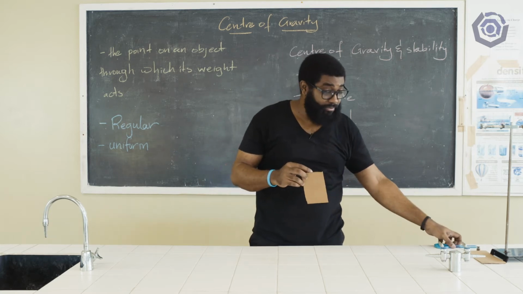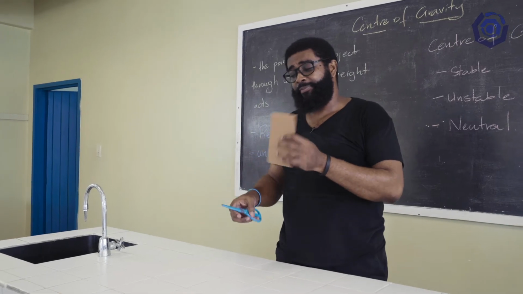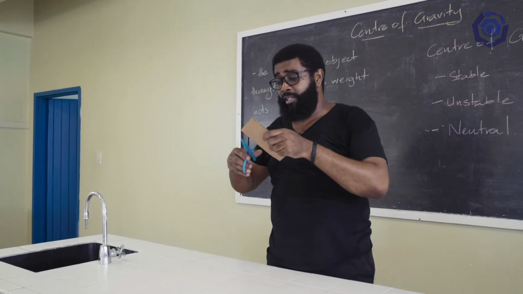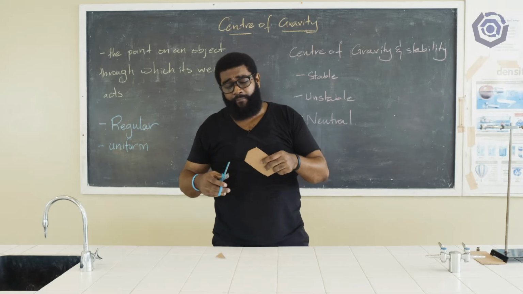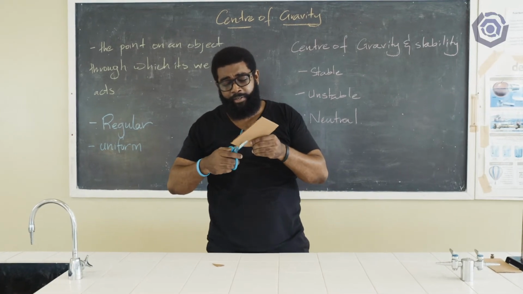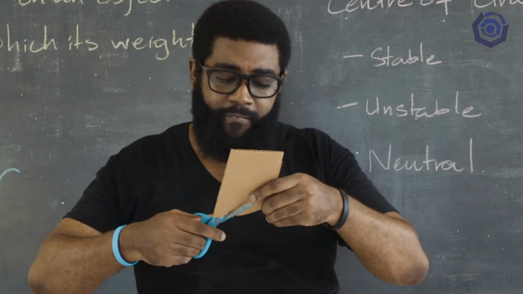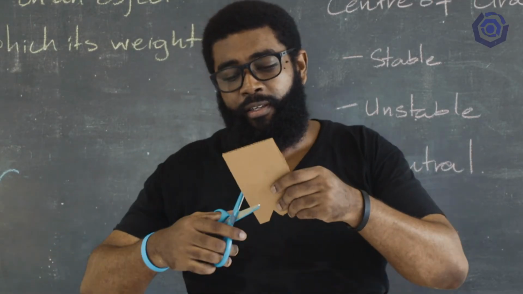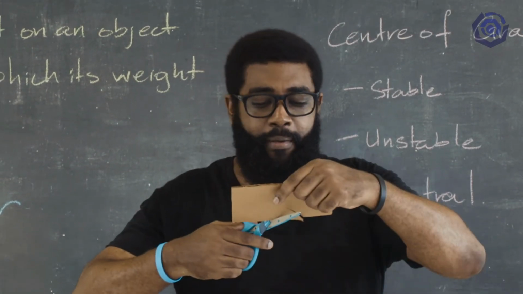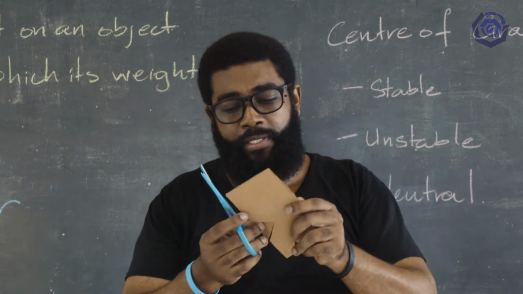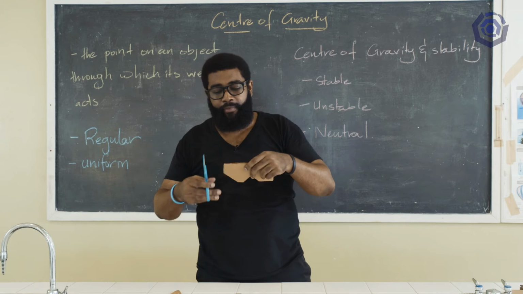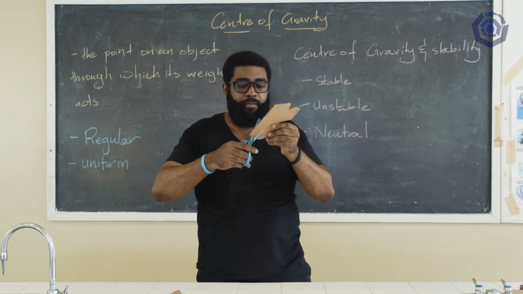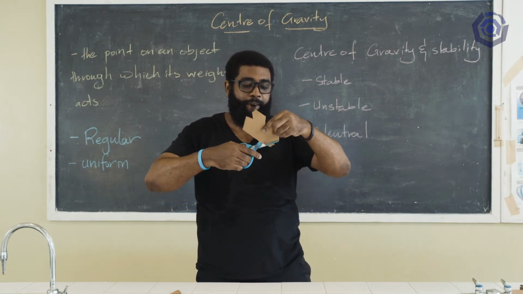However, just for the sake of making life difficult for me, I will make this horribly irregular. You know, just trim a little here and some there. Maybe take a piece off here and probably do this as well.